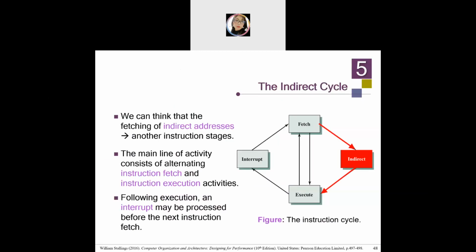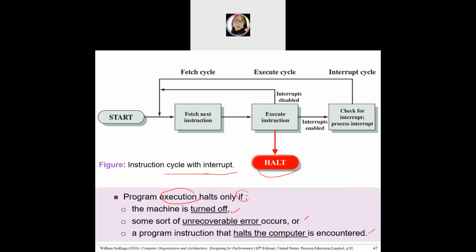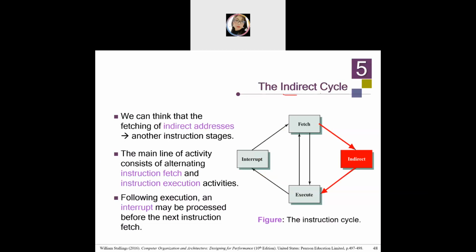Well, when you have the indirect cycle, what does the cycle look like? You're going to see the indirect addressing, which means you have another instruction stage, because you need to fetch the data indirectly.